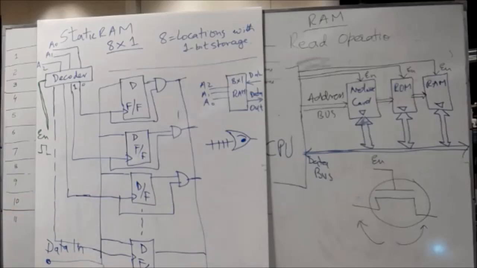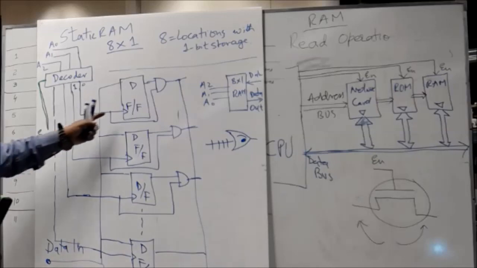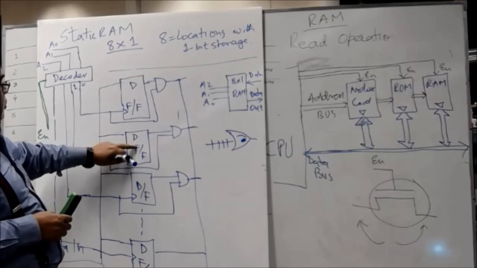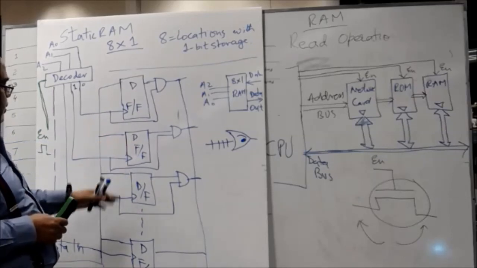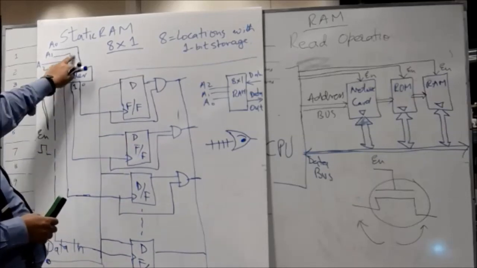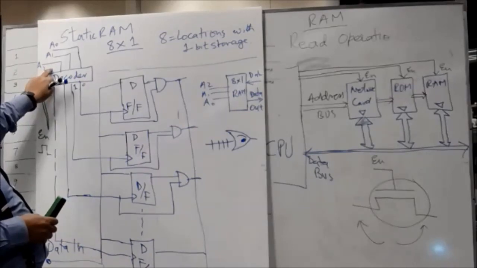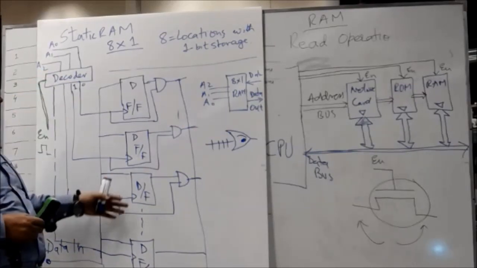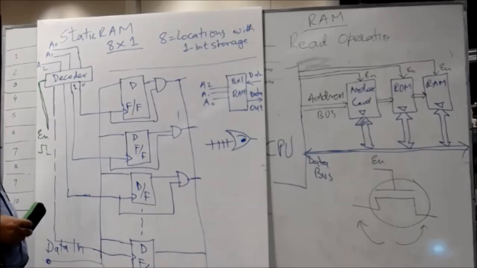You can read and you can write. So this is the 8x1 memory with 8 locations. This is location 000, location 001. This memory has an address size of 3 bits, so any memory location can be written to or read from.